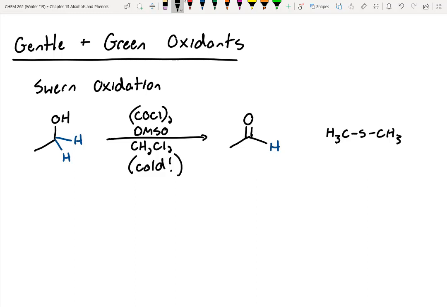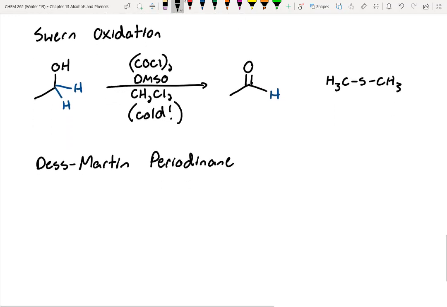All right, the next one is Dess-Martin periodinane. I'll write it down. Okay, and we'll use the same alcohol. Like I said, both of these are really similar to PCC in terms of their reactivity.